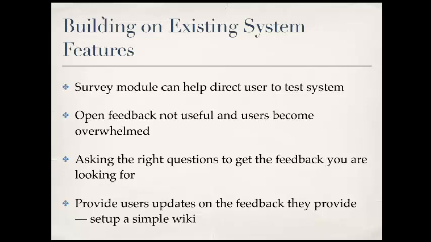So we set up a small survey, and we have a set of questions asking the right things of our users so that they provide us the information that we're looking for.